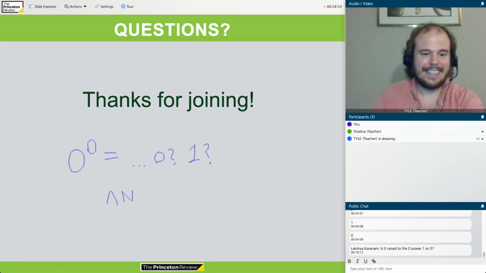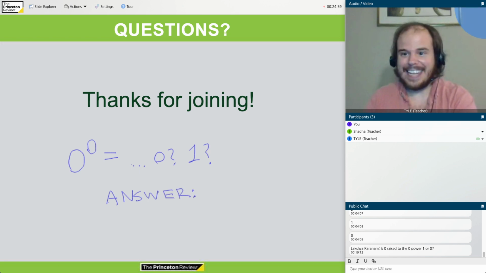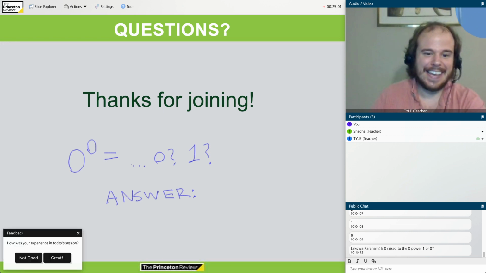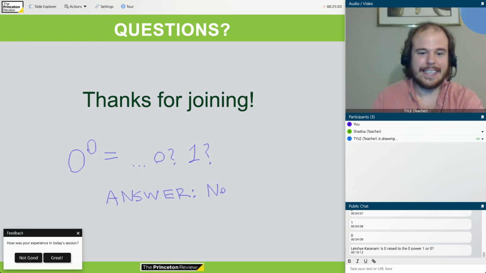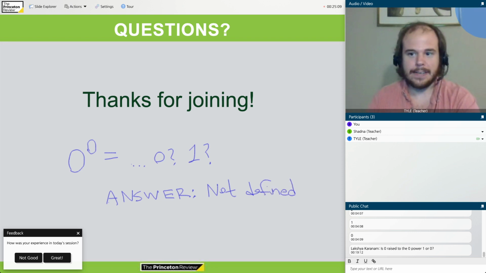Answer. Drum roll. It depends. Unfortunately, the answer is that this is not defined. Raising 0 to the 0th power is similar to dividing by 0. There's not a unique answer.